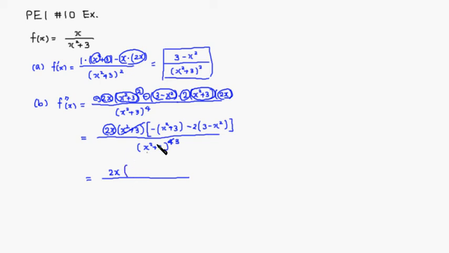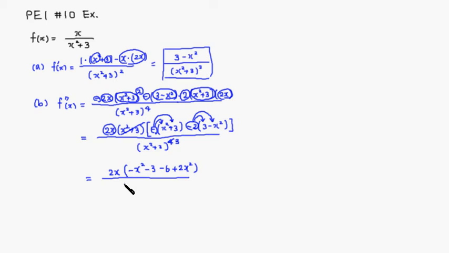The negative sign is distributed to x squared, so it's negative x squared. The negative sign is distributed to positive 3, so that's negative 3. Negative 2 is distributed to 3, so it's minus 6. And negative 2 is distributed to negative x squared, so it's positive 2x squared.